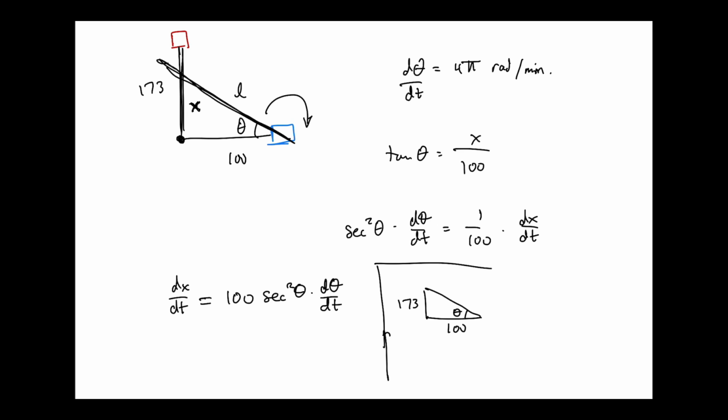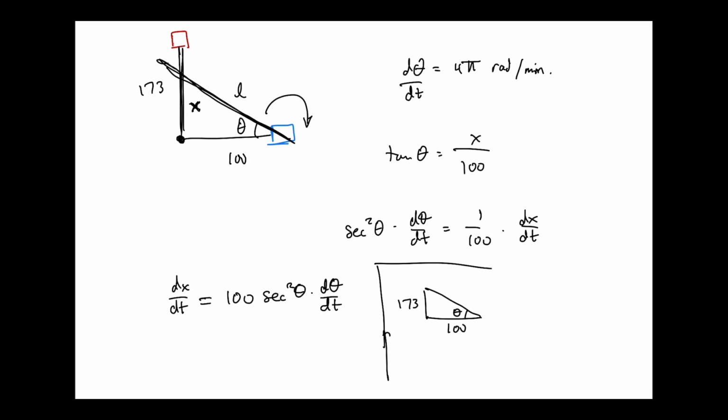So the point in time we were interested in was the moment that the beam of light was hitting the hotel, right? So it sweeps up the coast, and at one instant in time, it's pointing directly at the hotel. And we wanted to know how fast is it moving along the coast at that moment.